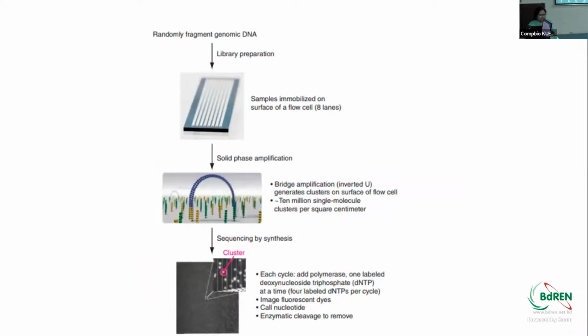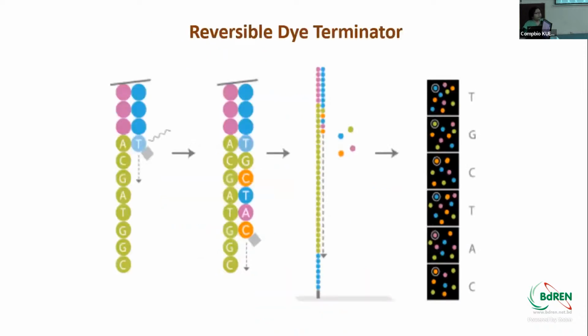And like in Sanger sequencing, we also have the fluorescent dye that will attach to this DNA, and it will emit light, and we can get the signal from this in the machine. So this is called a reversible dye terminator. Can you tell me whether the Sanger one was reversible or irreversible?